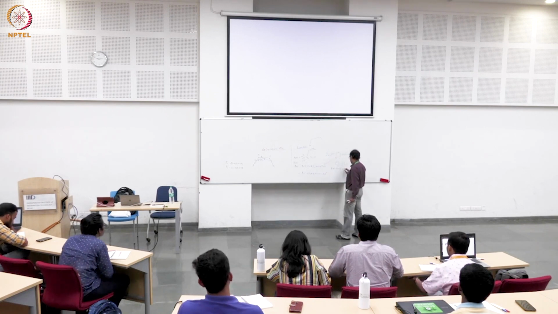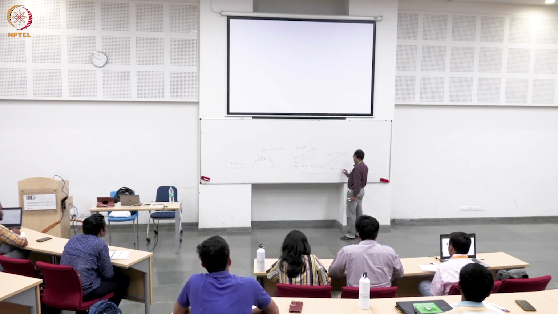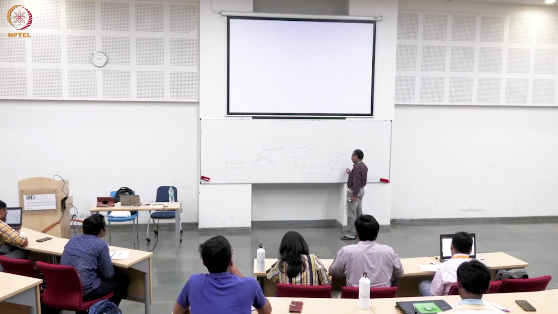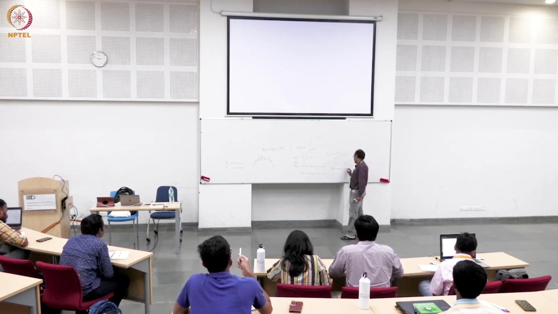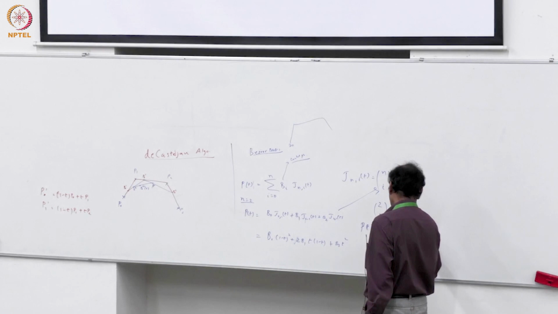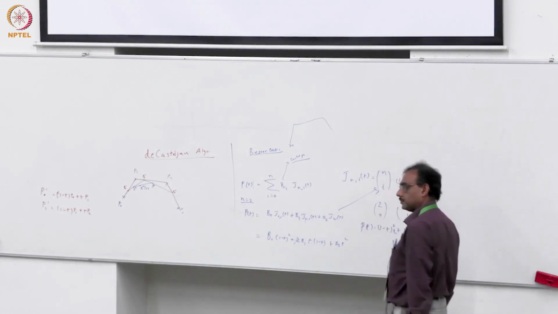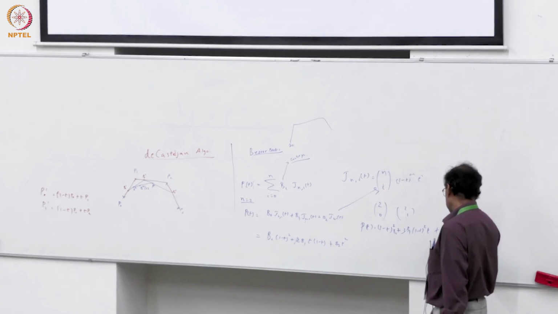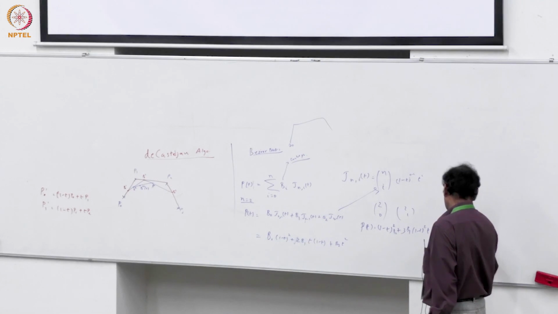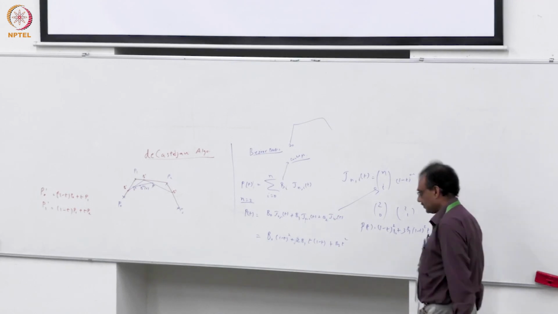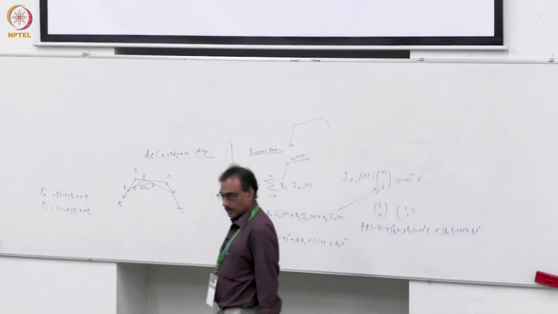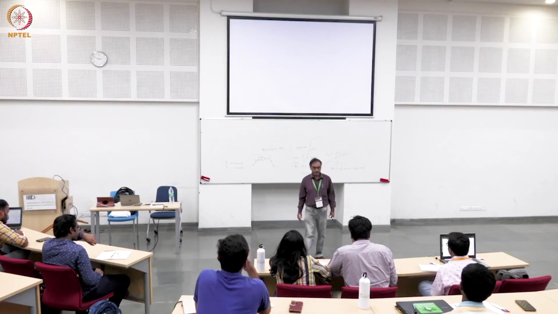Then it is 3 into B1, then 3 into B2 with 1 minus t into t square, and B3 you have to look at, so then t cube, because the control point is also required. So, where is this coming from?